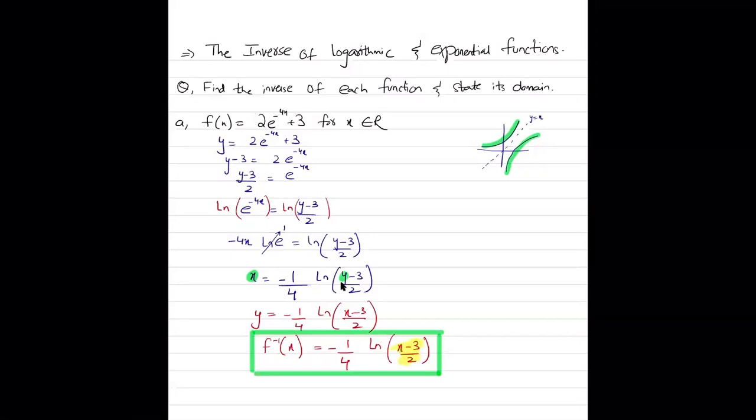So log of x minus 3 upon 2, this term x minus 3 upon 2 must always be greater than 0. So x must be greater than, no, it's going to be 3. 2 times 0 is 0 plus 3. So this is going to be the domain of the inverse function. Because the inverse function was a logarithmic function, this is how you're going to find the domain of the function.